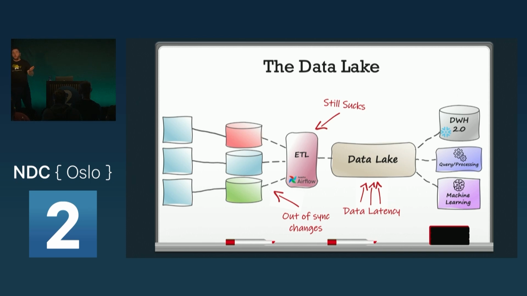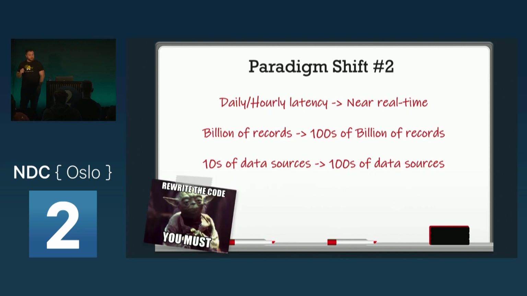But what if we want to build real-time machine learning models? What if we want to have real-time analytics? Because in the world of data, time equals money, right? Being able to reach these insights faster has a dollar sign on it. So all of these lead to the next paradigm shift, and this is a pretty big one.